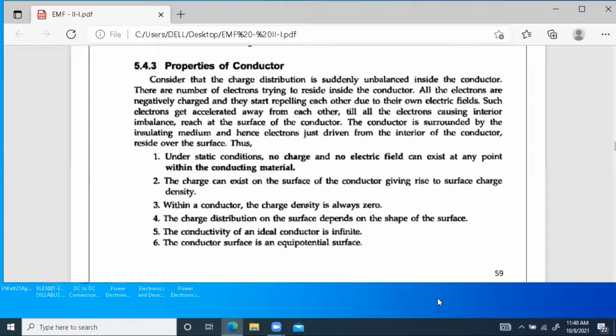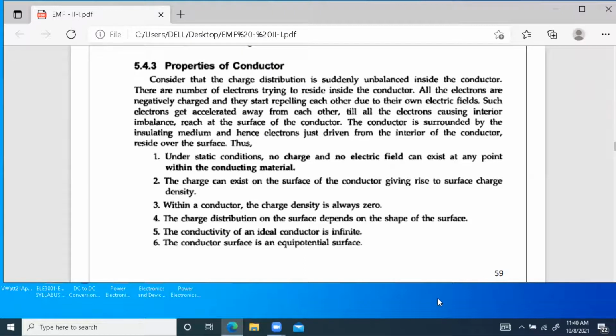Right? So in electromagnetics one, we are looking at static fields. But really and truly, that doesn't exist. We just take a snapshot of the electric field and study that as a beginner. You with me?